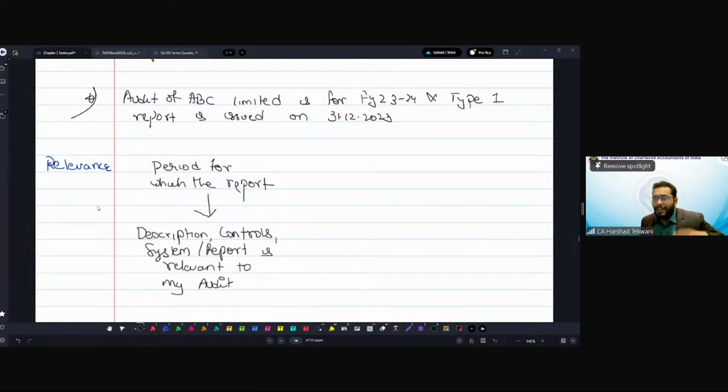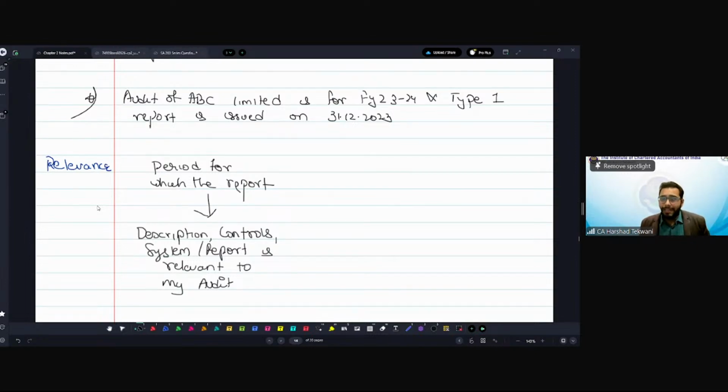What if the report says that there are no controls at the service organization? There is a type 2 report and it says the controls are not working effectively, or there are no controls. Is it relevant for me? The design, the system descriptions, the controls that are there, relevance is missing. So one is the period, one is the relevance of the report. Whether the outcome which is documented in the report is relevant for my audit.